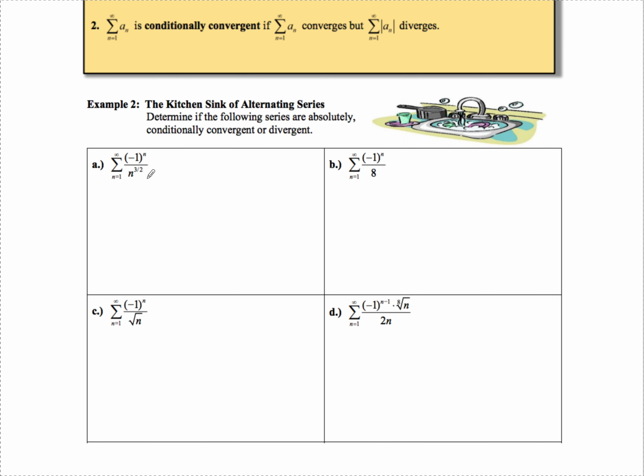Okay, let's take a look at this one. Let's check its absolute convergence. So I'm going to take the absolute value of the series inside. The nice thing about absolute convergence is it makes dealing with some of these series a little easier, because we can get rid of all those negative sign things we've been dealing with in our alternating series. That's easy if we take the absolute value.